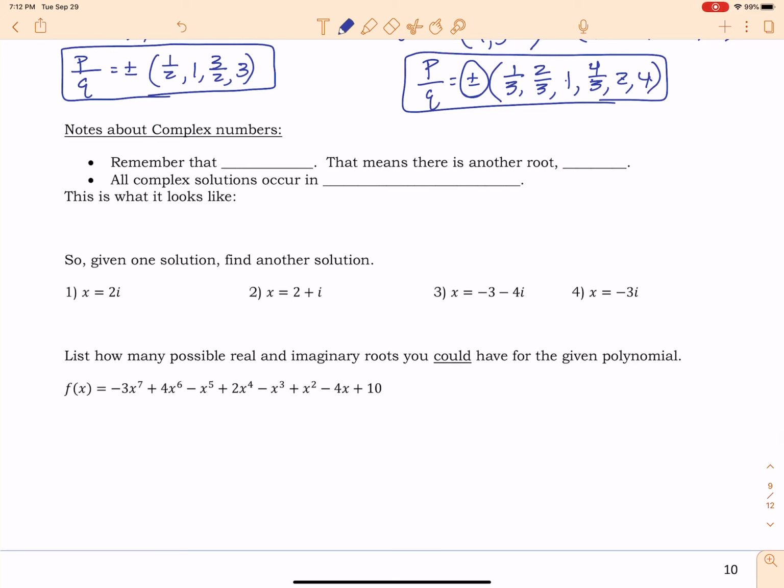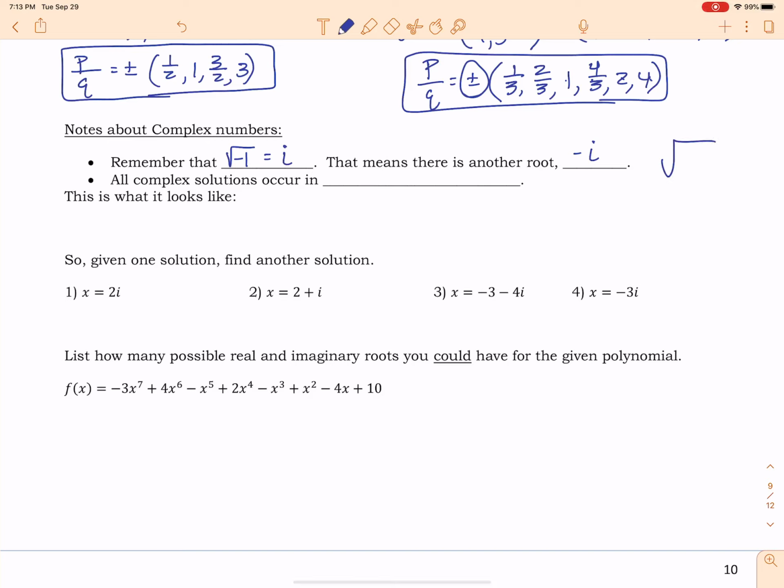All right, so I want to make some notes about some complex numbers. We talked about complex numbers in the previous video, but I want you to remember that anytime we're taking the square root of a -1, your answer is i. That stands for imaginary. This means that there is also going to be another root of -i. Why is that, Miss Griggs? Because remember what the rule for taking the square root is.